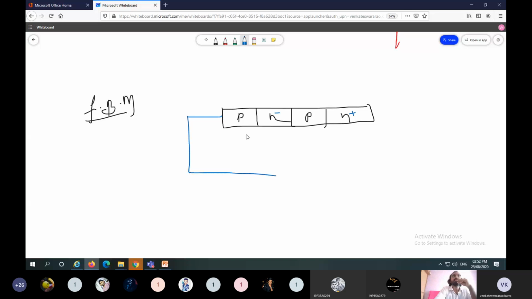In forward blocking mode, the anode is connected to positive and the cathode is connected to negative. So the polarities of the supply voltage are plus minus. This one is junction J1, junction J2, junction J3. The voltage across junction J1 is plus minus, this one is also plus minus, and this one is also plus minus.